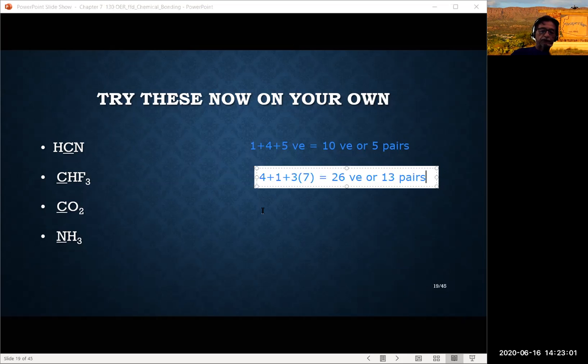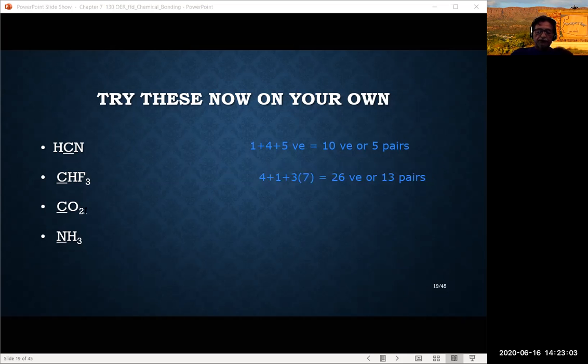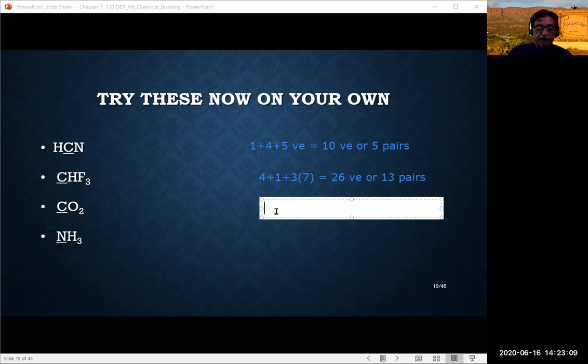All right, let's do carbon dioxide, the third one. Carbon brings in 4 again. We have 2 oxygens. And how many valence electrons does oxygen have? Anybody want to type that in? Or just speak out? You're welcome to unmute yourself if you like.